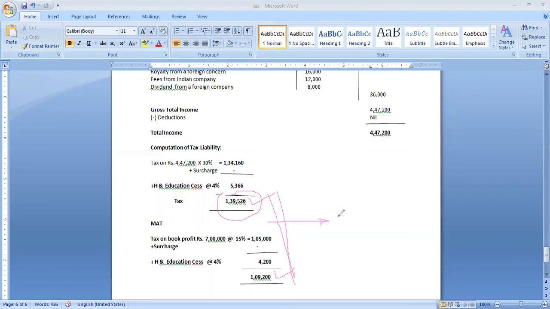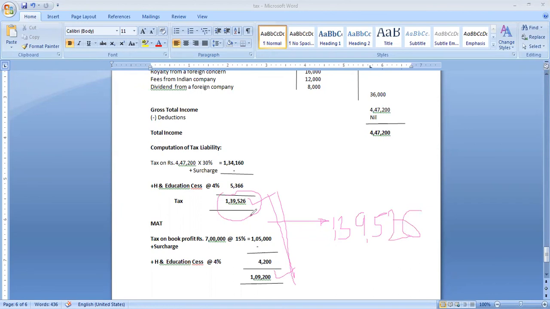This the company has to pay. You have to conclude like this. I am mentioning that statement, you write it down in your notes. Tax on total income is rupees 1,39,526.